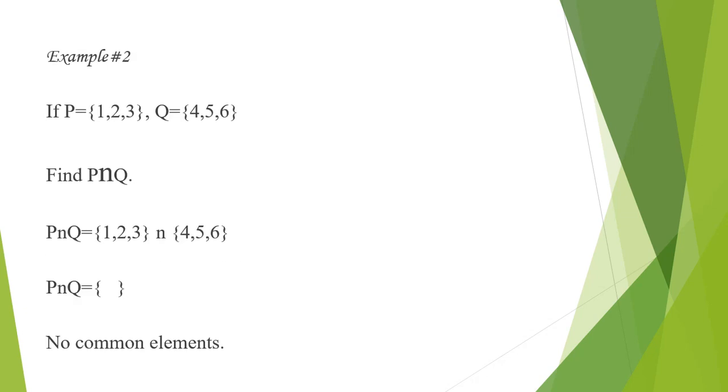Now here I have given you another example. Sometimes it happens that we have two different sets. See, P equals 1, 2, 3 and Q equals 4, 5, 6. We are having two totally different sets. We are not having any common element. There is no common element between P and Q. In P there is 1, 2, 3 and in Q it is 4, 5, 6.